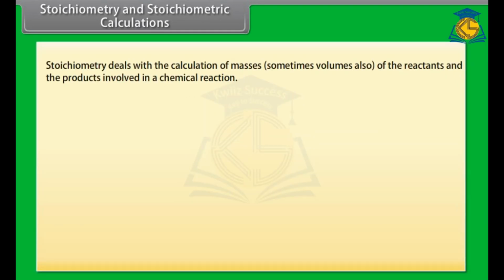Stoichiometry and stoichiometric calculations. Stoichiometry deals with the calculation of masses, sometimes volumes also, of the reactants and the products involved in a chemical reaction. Example: CH4 plus 2O2 gives CO2 plus 2H2O.